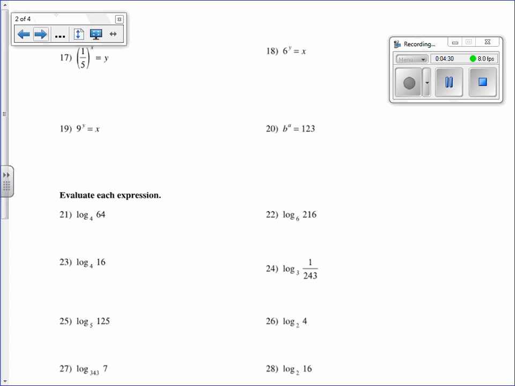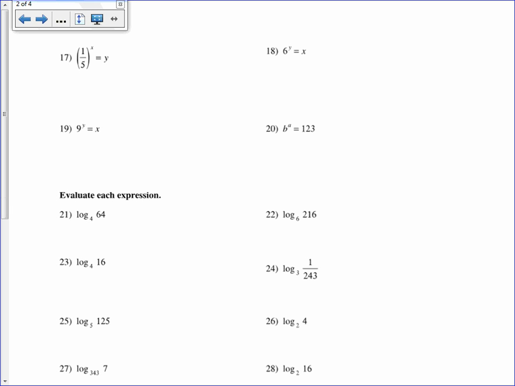Don't get freaked out if your base is a fraction. It's a little funkier looking, but it's still going to work the same. You can make your L. So log base 1/5 of Y is equal to X. Log base 6 of X equals Y.